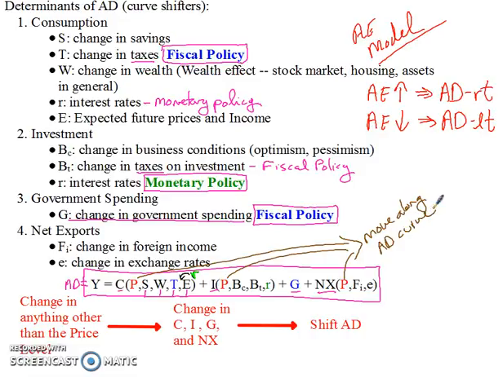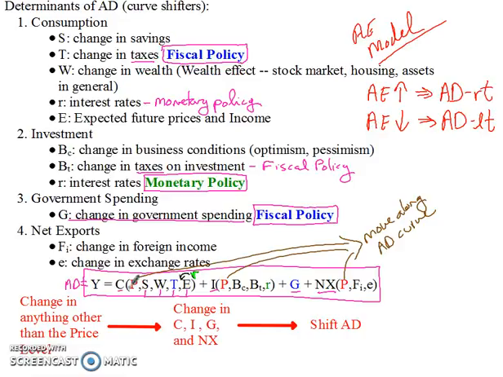So anything that's written in black, green, or blue are curve shifters. Foreign income, nominal exchange rate, government spending, interest rates, business taxes, business conditions, expectations of future prices and income, interest rate, taxes, wealth, savings. All those things in black, blue, or green are things that cause the aggregate demand curve to shift.